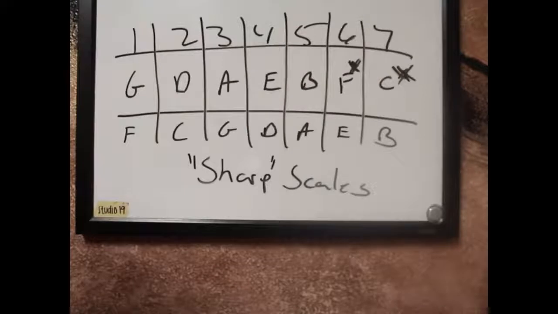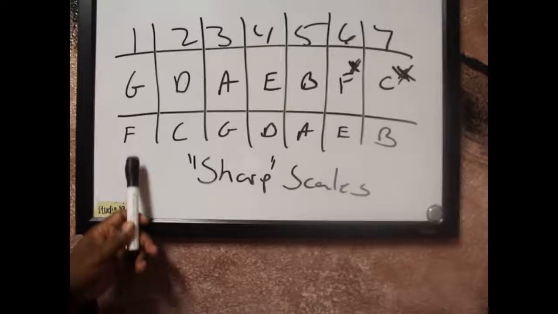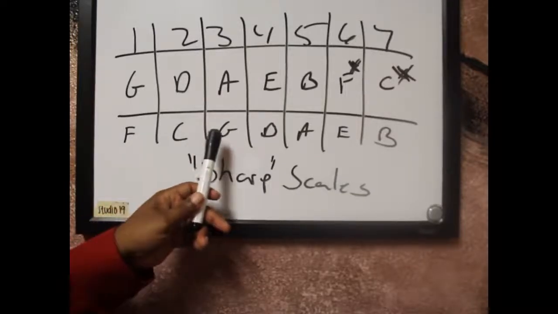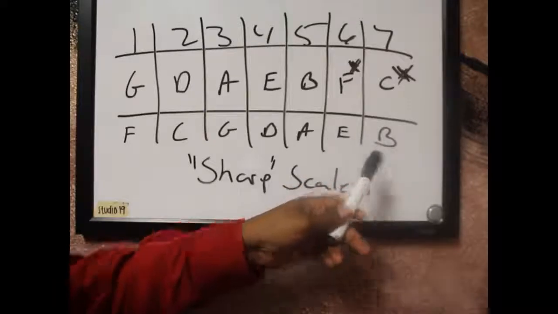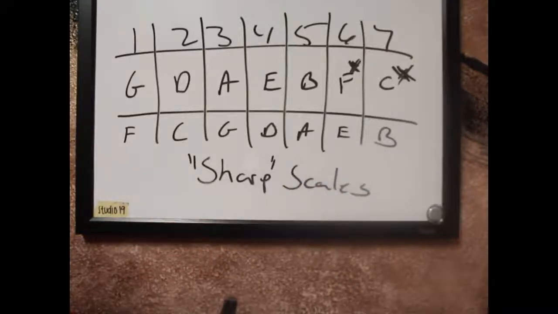Now, some of you who are really good at solving puzzles have already noticed that the order of the sharps, F, C, G, D, A, E, and B, is the order of the flats reversed.